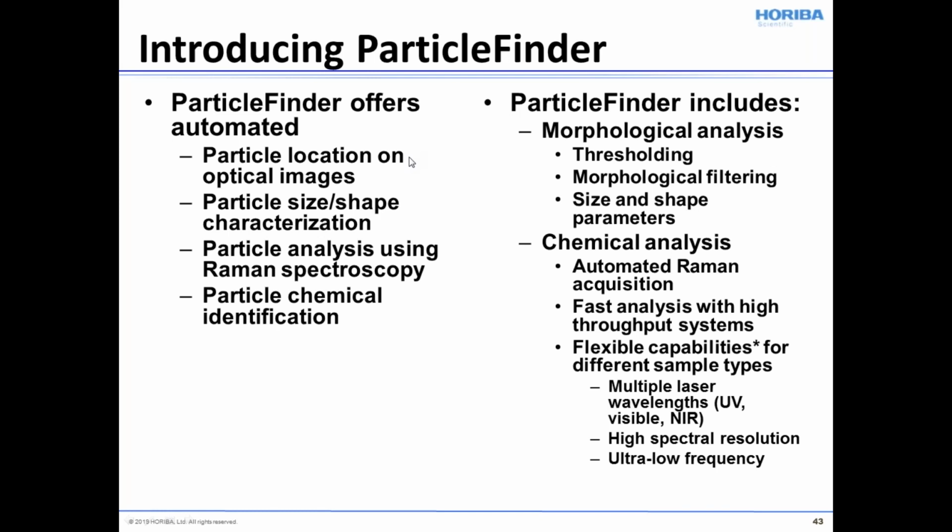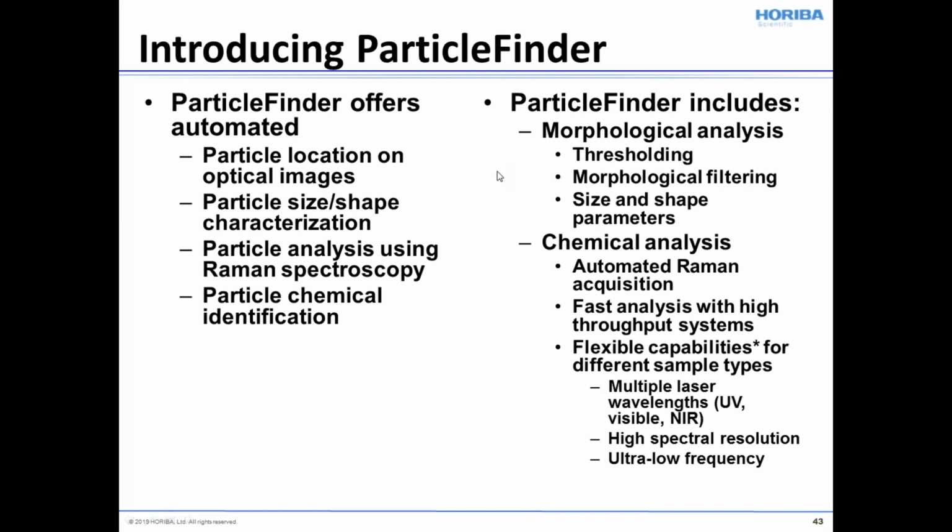All right, so let's conclude then with a discussion of particle finder, which is a very nice method for performing chemical specific particle size distribution. So particle finder allows you to use basically microscope optics and visual technology tools, imaging tools, to be able to characterize the particles, their location, their size, shape, their ellipticity, circularity, things like that, all by the imaging portion.